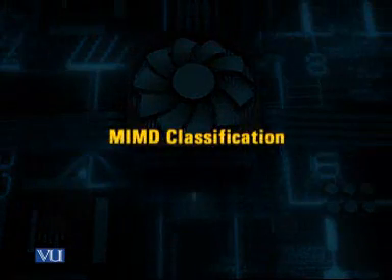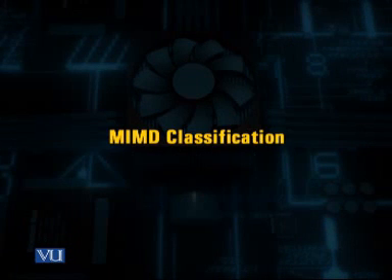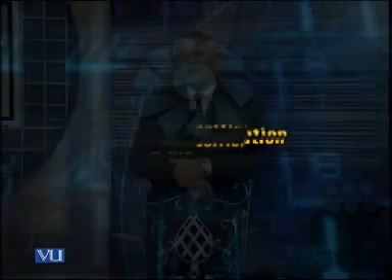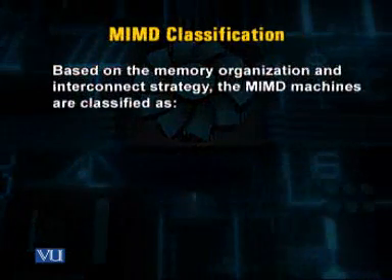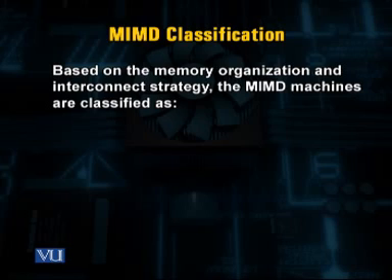Now, before we go into further details of multiprocessor architectures in general, let us discuss the classifications of the multiple instructions, multiple data architecture, which is most commonly used as the multiprocessor architecture. The classification can be made based on the memory organization and its interconnection strategy.